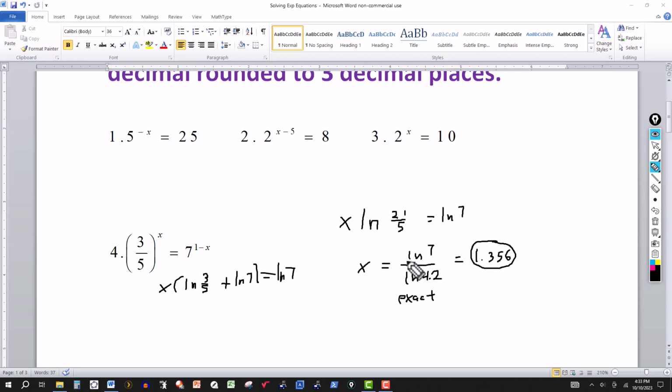So this is the exact answer here, one form of it. I could leave this as 21 over 5, but since 5 goes into 21 without rounding off, I would leave it as a decimal, but you could leave it as 21 over 5 here. That's exact. And this is your decimal approximation.